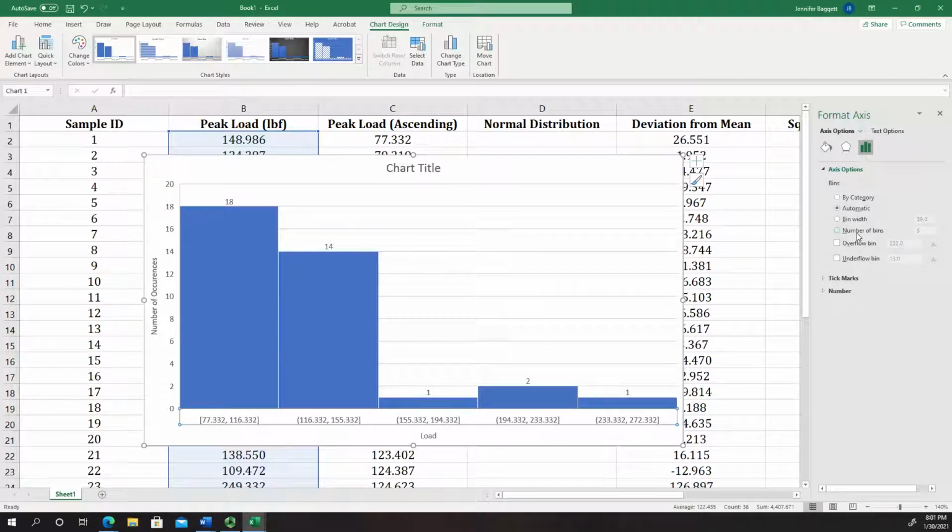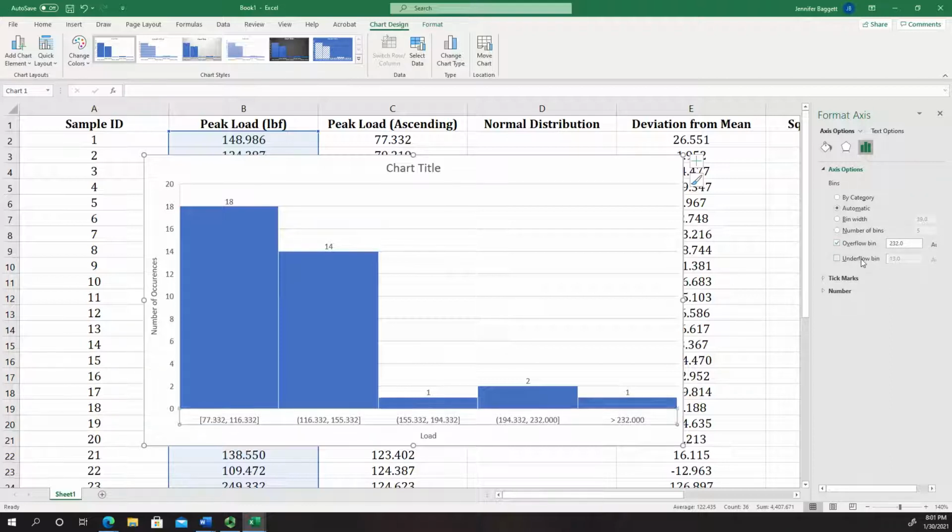The way that I usually like to do it is I take the standard deviation value that we calculated and use that as a distribution for the underflow and overflow. I take the average value and subtract the standard deviation, and that's my underflow bin. And I take the average and add the standard deviation and make that my overflow bin. That gives me kind of a normal distribution for my histogram.